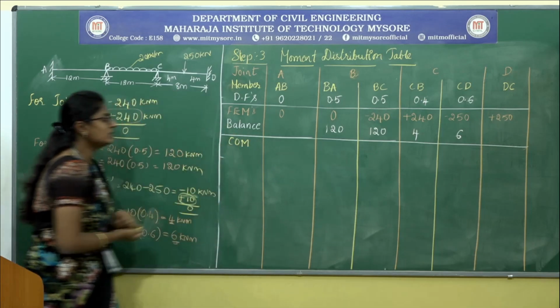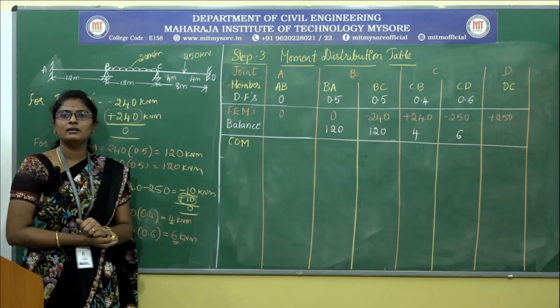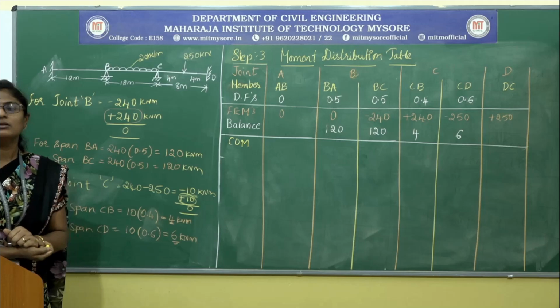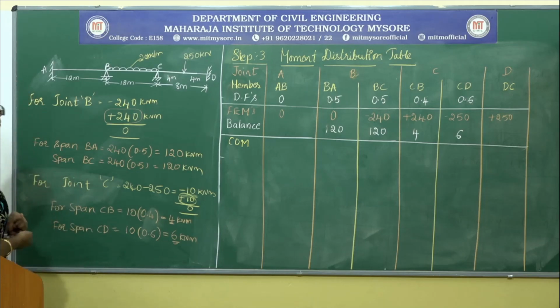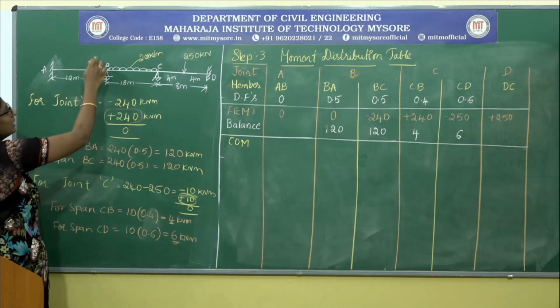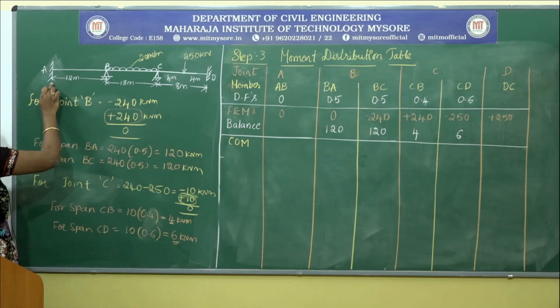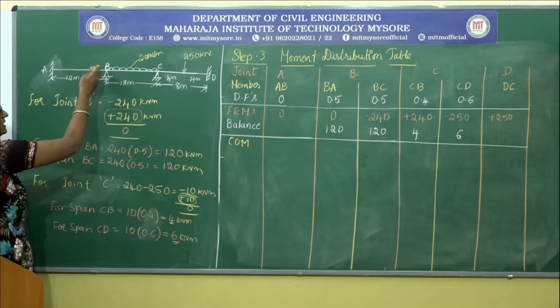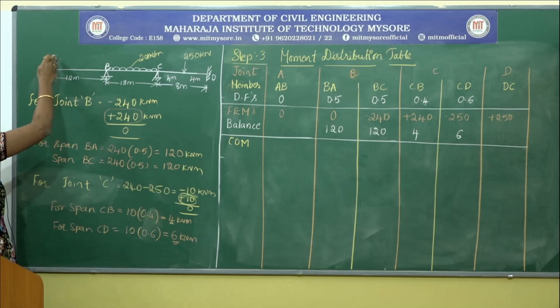COM. This concept is also explained in a previous session. Whenever a moment is applied at a joint for a member, half of its moment is transferred to the far end if the far end is fixed.